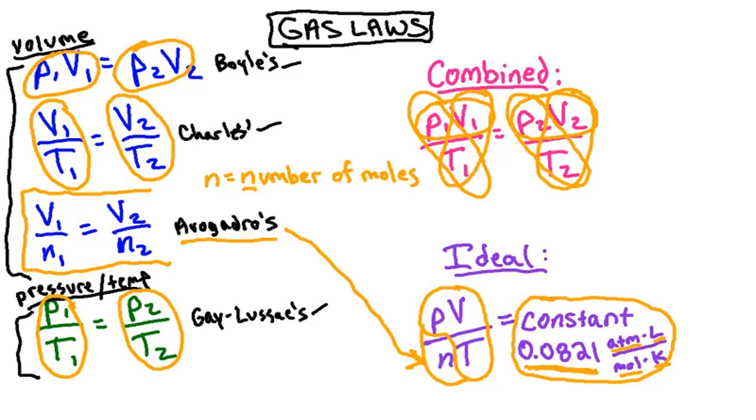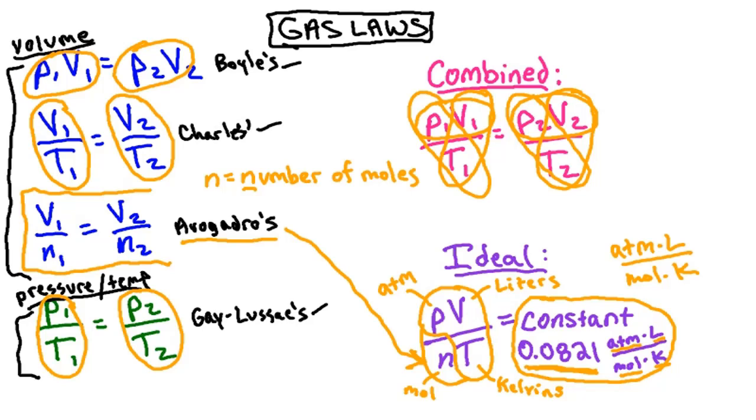And as you can see, the pressure is in atmospheres, the volume is in liters, the number of moles is in number of moles, and the temperature is in kelvins. So of course you're going to get a unit of measurement, atmospheres times liters over moles times kelvins, because that's what the formula is made of.